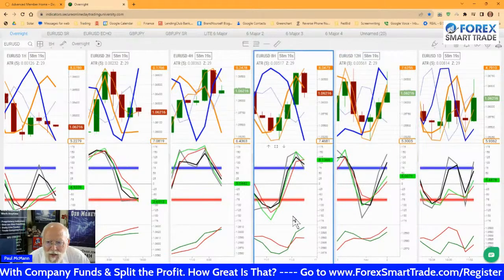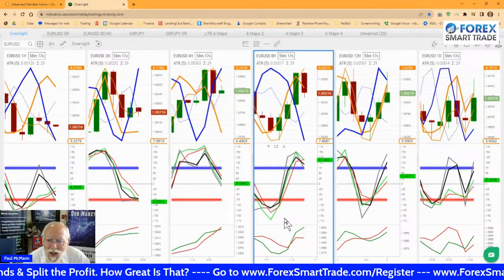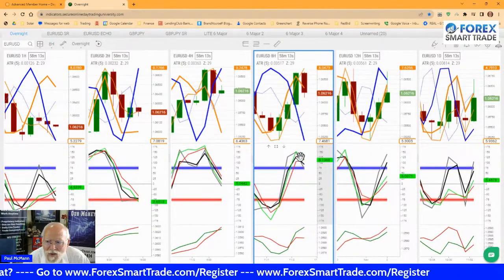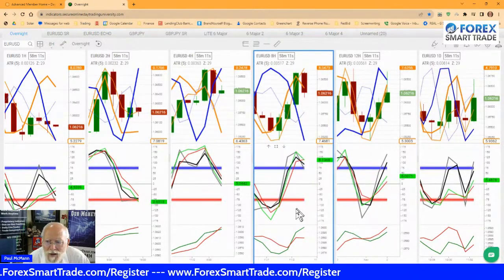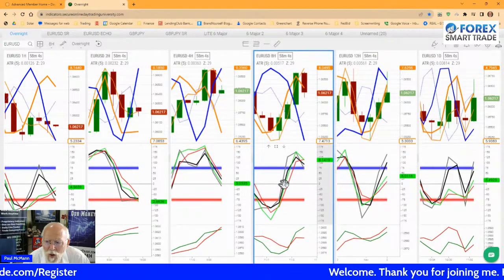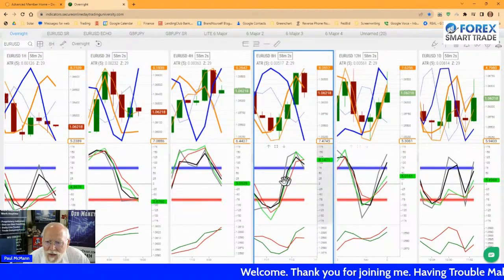And I also want to confirm it with the 8-hour. 8-hour is overbought and coming down. So with that, there is no trade on the Euro USD tonight. I want all three of these to agree.